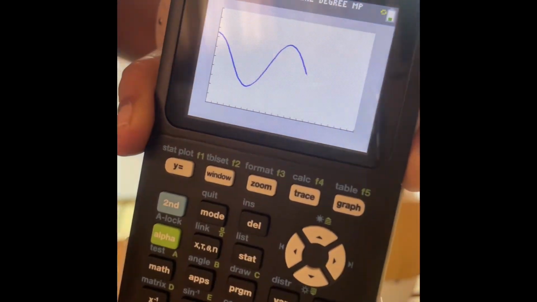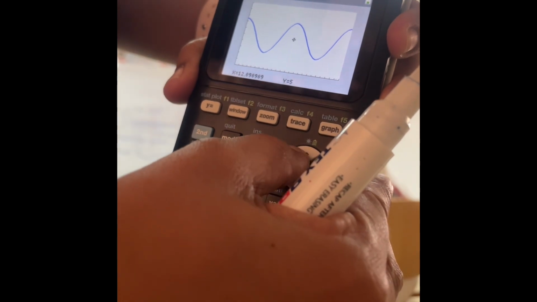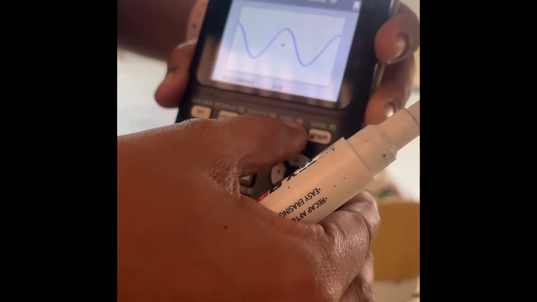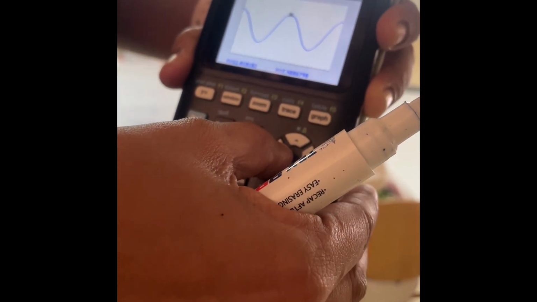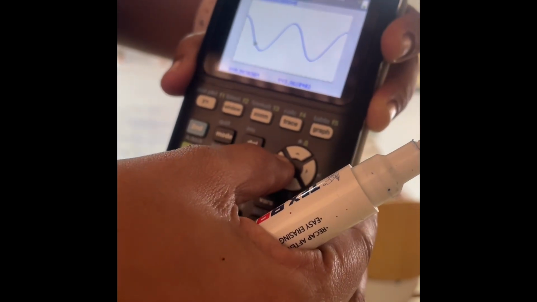So the graph will be like this. From this, you have to press trace, then only you will get the maximum value of y.